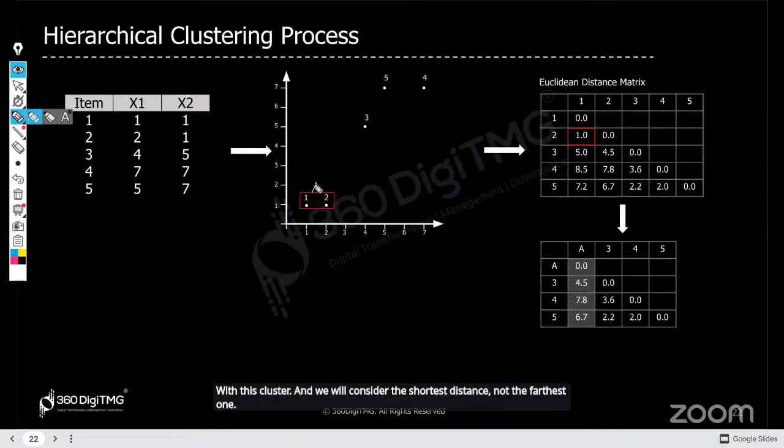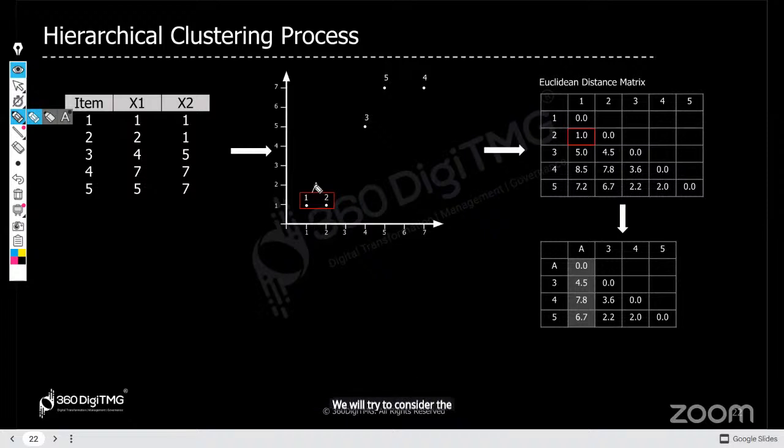So we find the distance from here to here, and from here to here. This is distance 1 and this is distance 2.